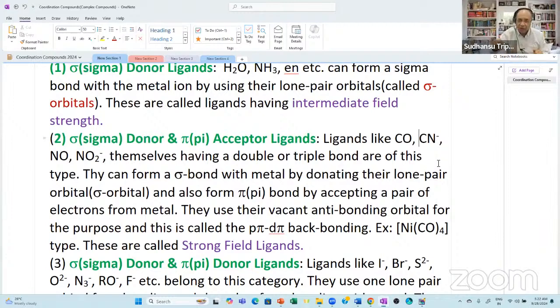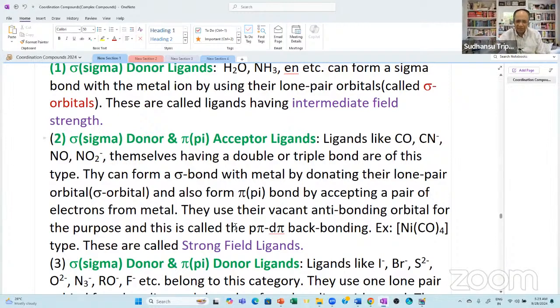If one of the p or d orbitals is vacant and the other is filled, then that kind of pi bonding is called p pi d pi. The d pi is the filled d orbital of the metal ion, and p pi is the empty anti-bonding orbital of the ligand. We'll talk about that later.